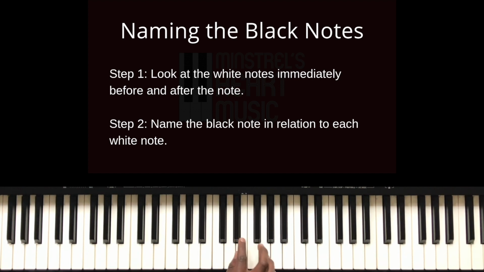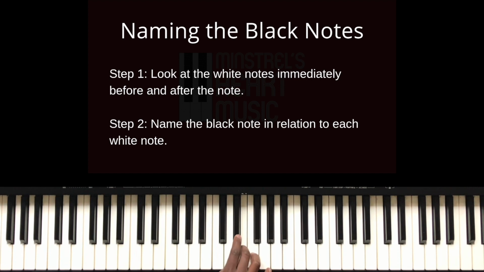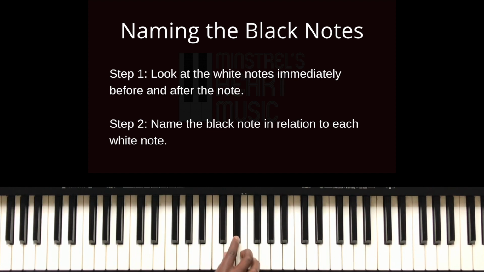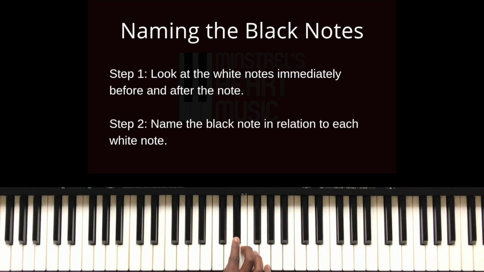I'm going up by a half step. So D sharp. Relative to this note, it is flattened, because I have to flat this to get to here. So this can also be called E flat. So this is D sharp or E flat.